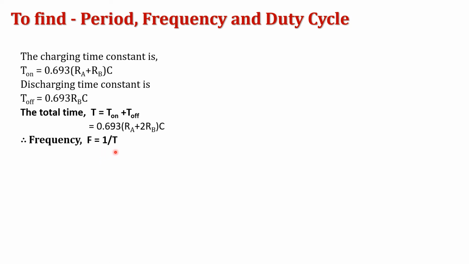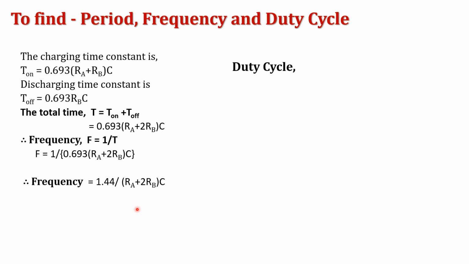Hence F is equal to 1 by T. Putting the value of T, the equation becomes F is equal to 1 divided by 0.693 times (RA plus 2RB) multiplied by C. If we simplify 1 divided by 0.693, the ratio is 1.44. Therefore, we also write the equation as 1.44 divided by (RA plus twice RB) multiplied by C.